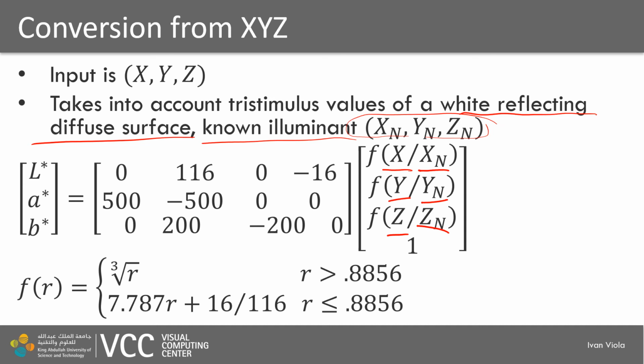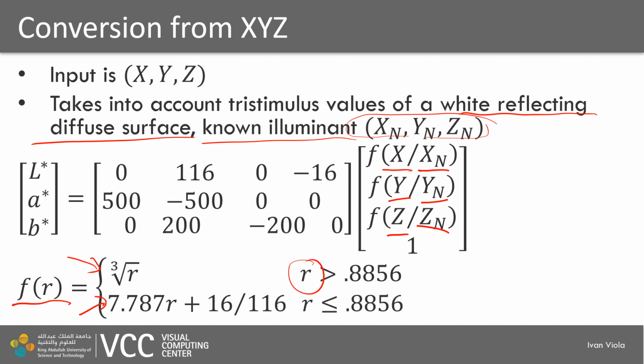The argument of this function is a composite function of two functions, where one function is this expression and the second function is this, based on whether R is bigger than 0.88 or smaller.